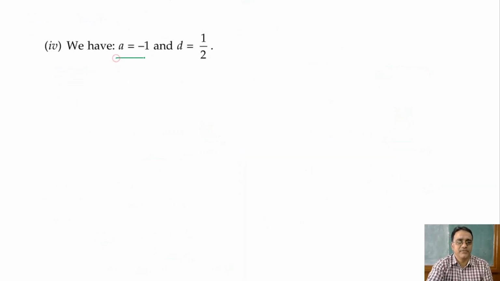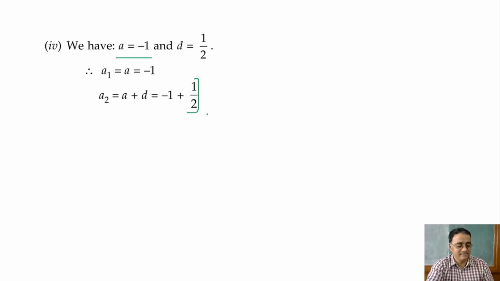So this one. What is the first term? -1. Second term A plus D, that is -1 plus half. कितना होगा? -1 plus half. We'll get -half. Right? Now A3.